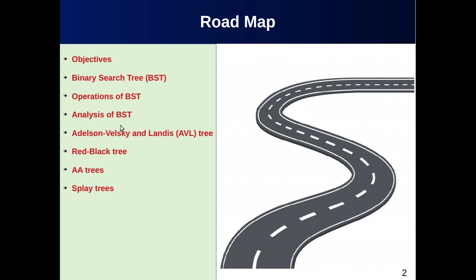After that, we will study some other types of search trees. For example, one of them is AVL, another one is red-black tree, the third one is AA tree, and finally Splay trees. So this is a roadmap for this week's lecture.